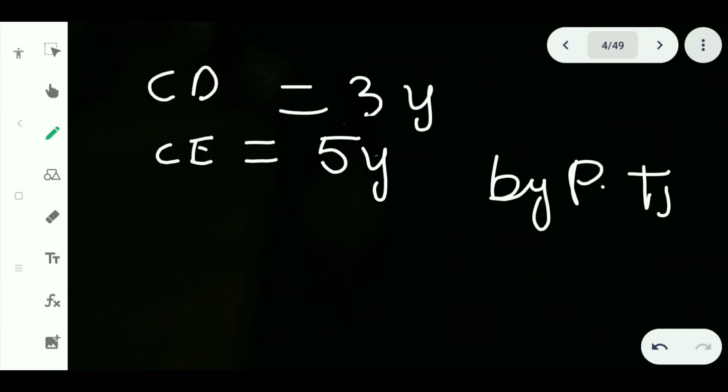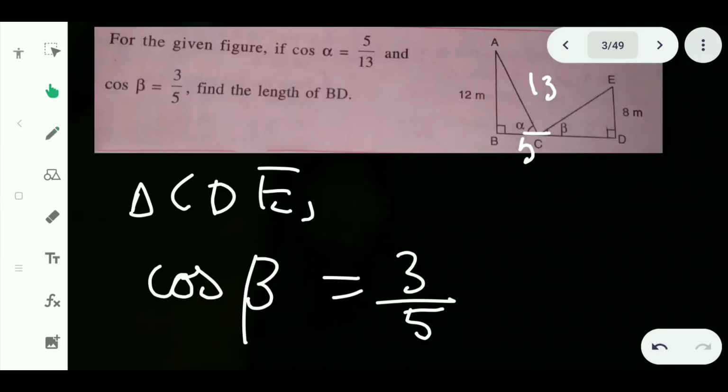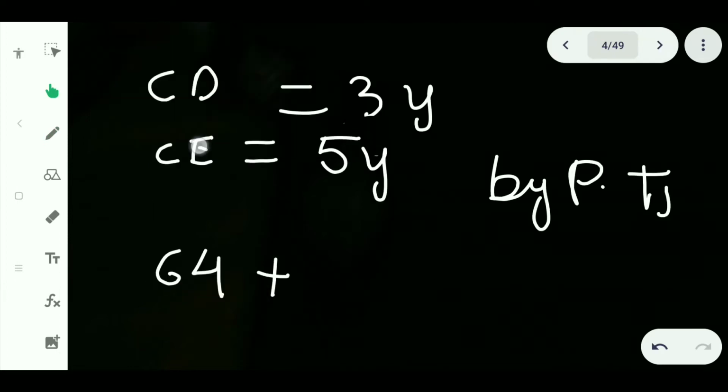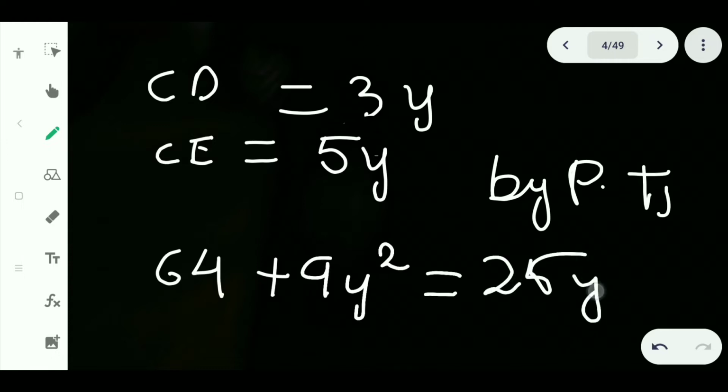DE square is nothing but 64 plus CD is 3y, 3y whole square is nothing but 9y square, is equal to 25y square.